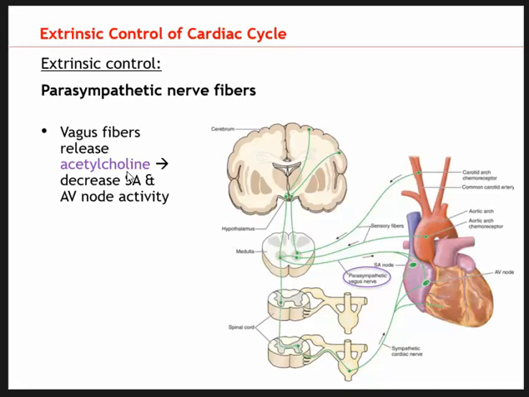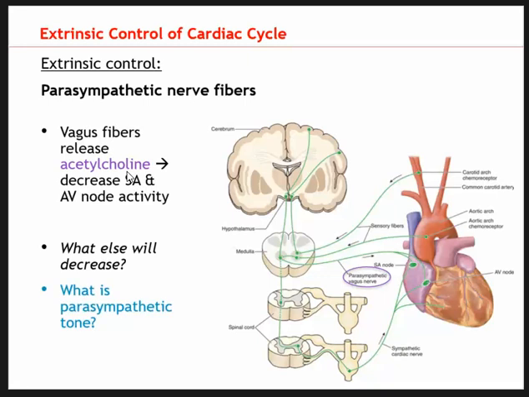That's the neurotransmitter. It's the chemical that will decrease the SA node and the AV node activity. I normally ask the class, what else will decrease if the SA node and AV node activity slows down? That's heart rate and blood pressure and breathing rate.